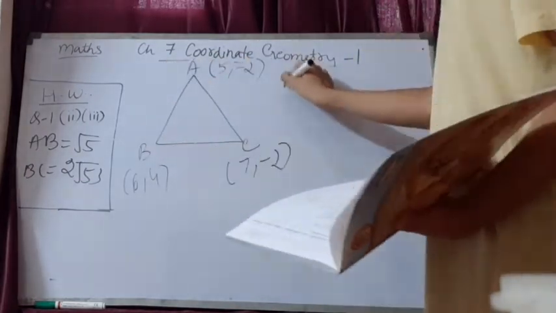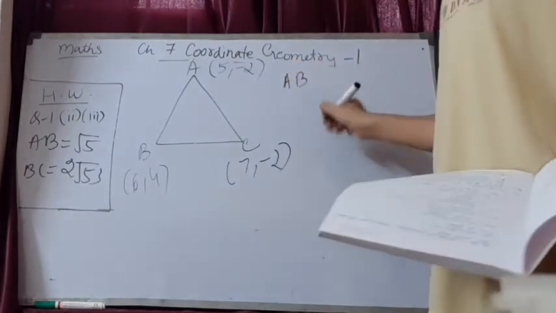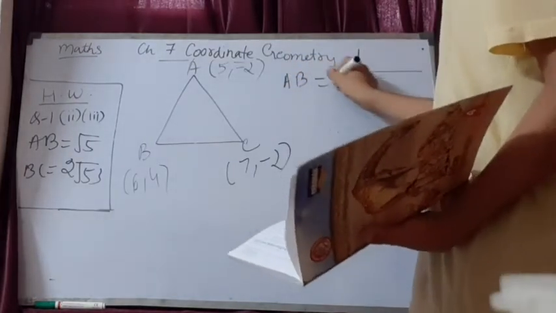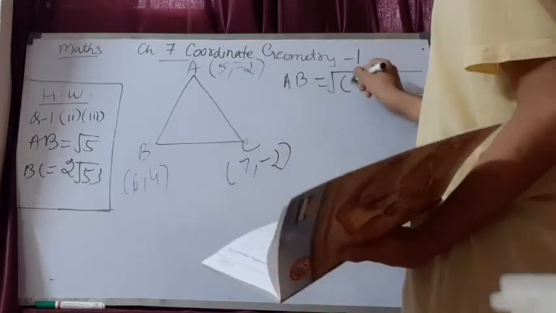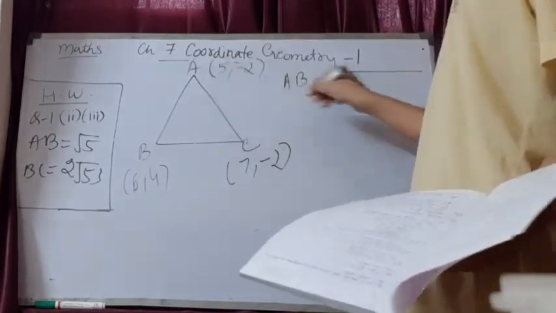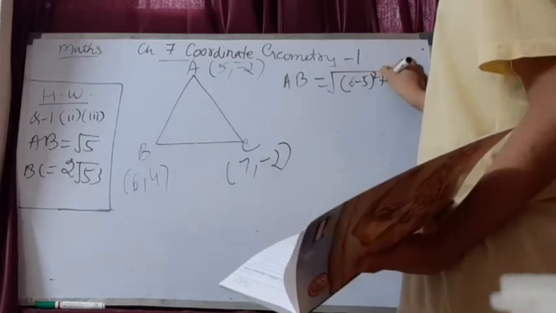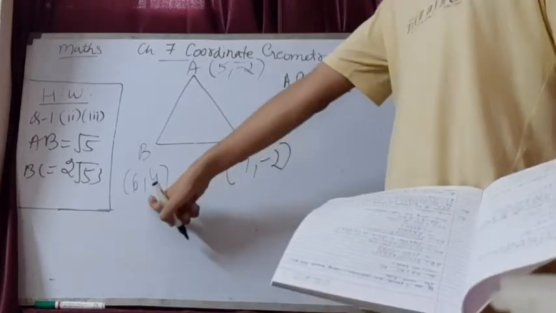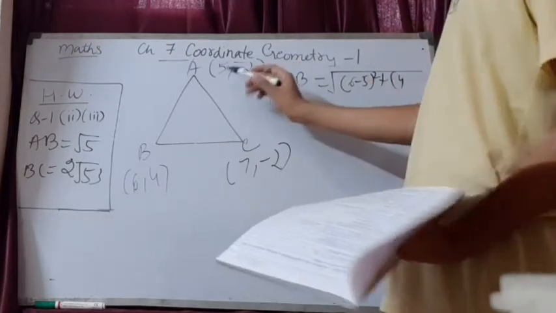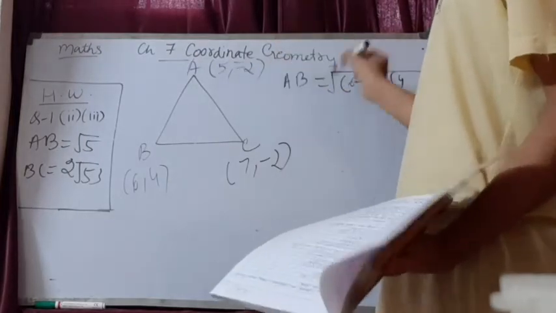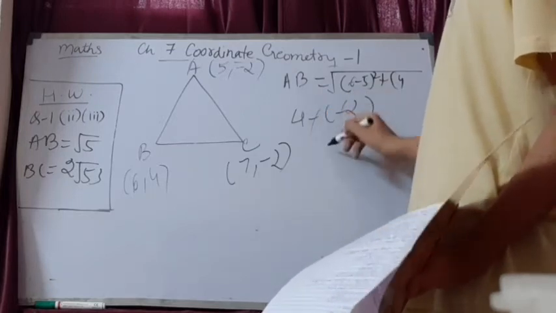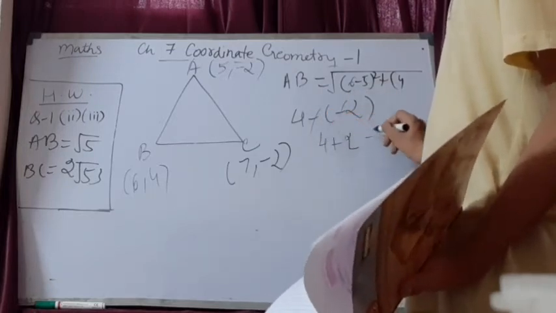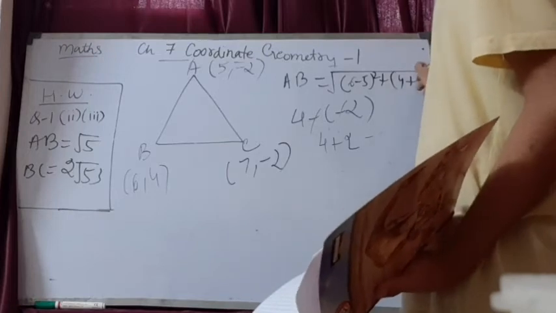First AB. First this distance. That will be under root of, what is x2? x2 is 6. x1 is 5, so 6 minus 5 whole square, plus y2 is 4 and y1 is minus 2, so it is in the form of 4 minus minus 2, so minus minus plus, 4 plus 2.